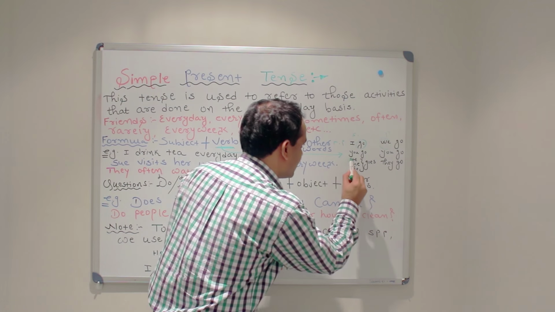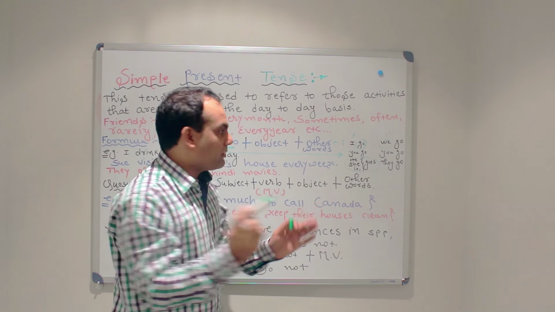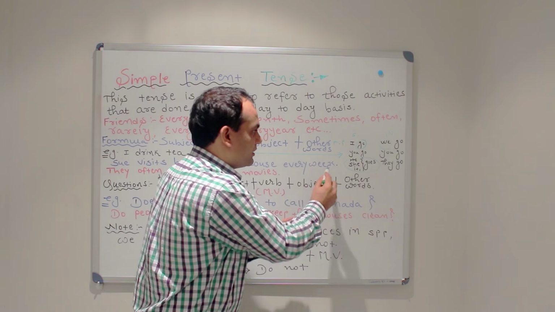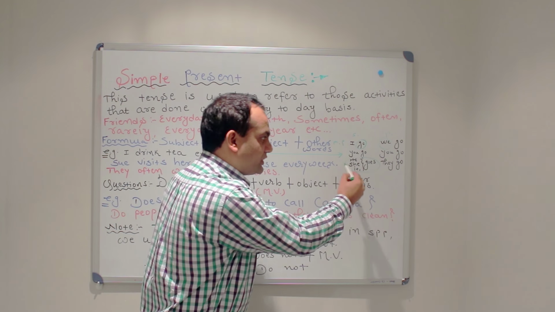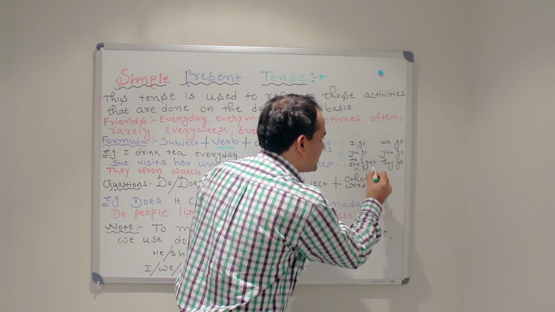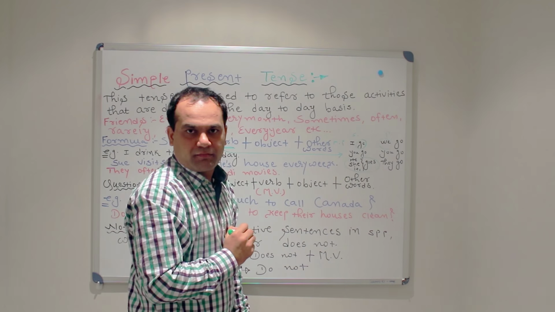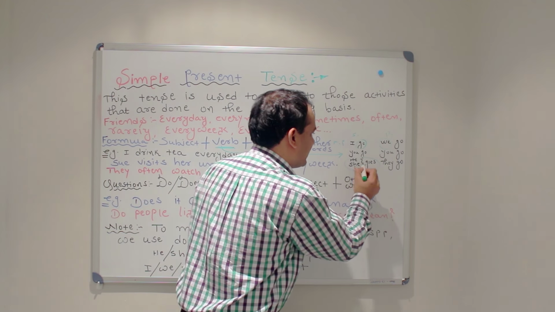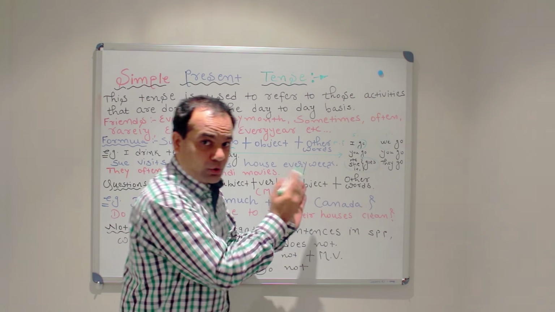But here is the tricky part to remember. When you are talking about third person singular, in other words, when you are talking about he or she or it, you have to attach either s or es behind the verb. So he goes, she goes, or it goes. Again, this is the golden rule.